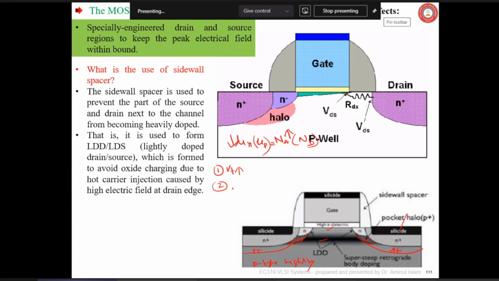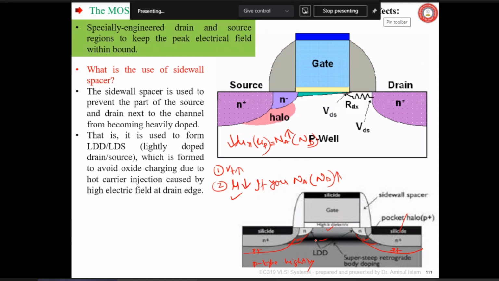So mobility mu will be decreasing if you increase Na and Nd. If you increase this, this will decrease. So we don't want that. Mobility decrease means current less.